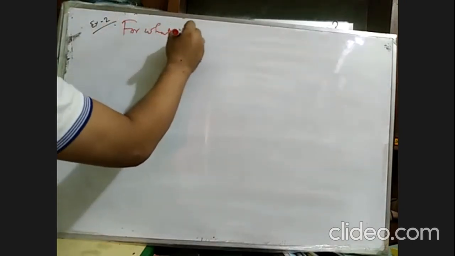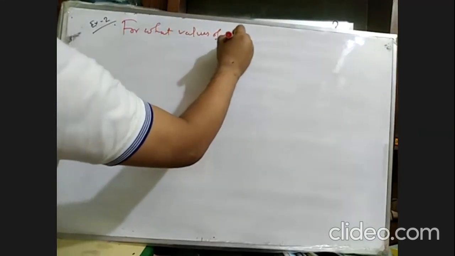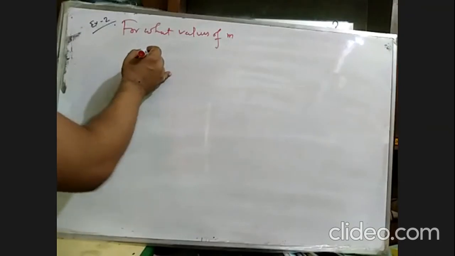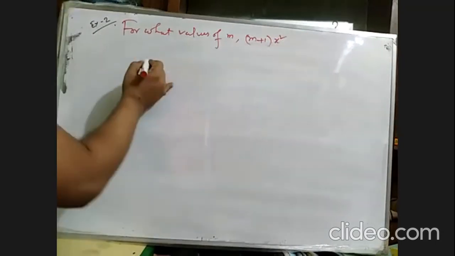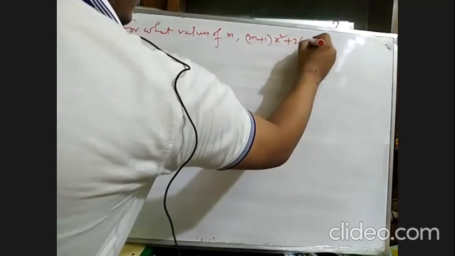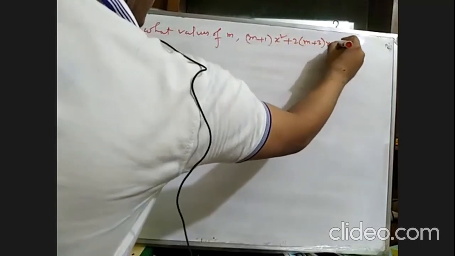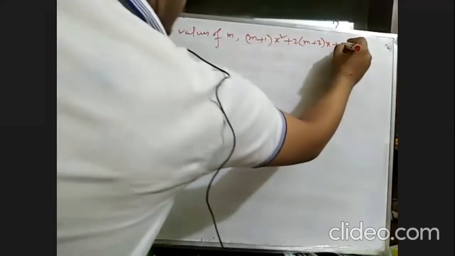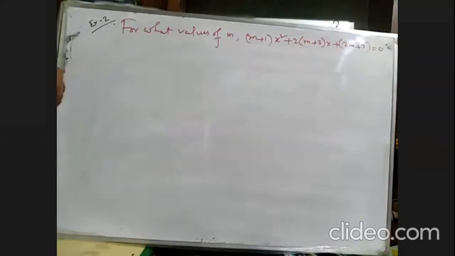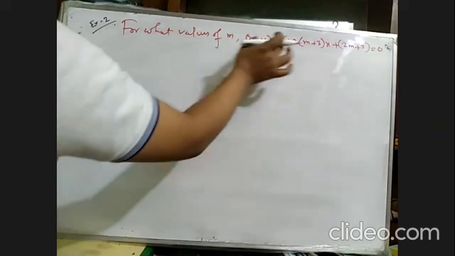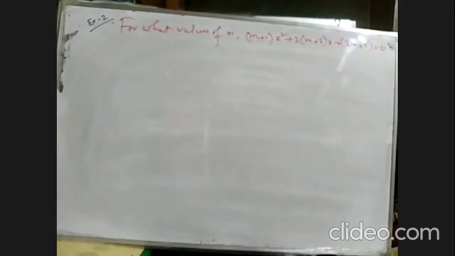For what values of m does the equation m plus 1 x square plus 2 into m plus 3 into x plus twice m plus 3 equal to 0 have equal roots?